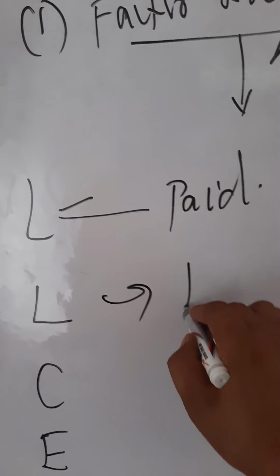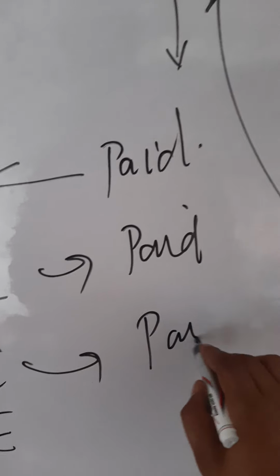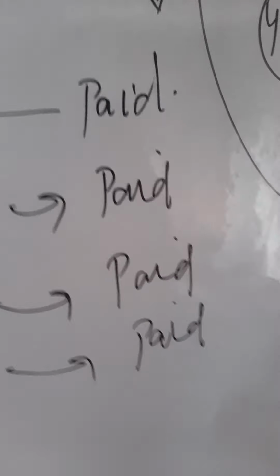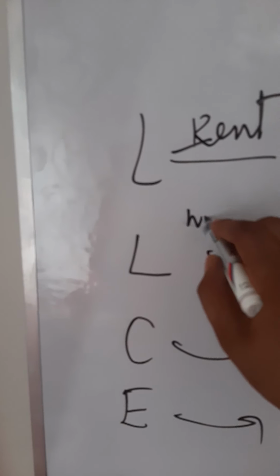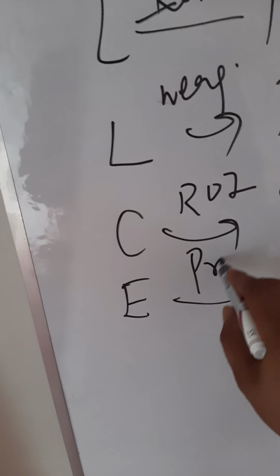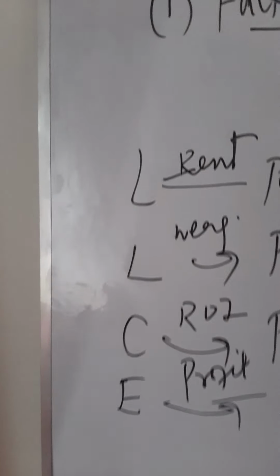Land is being paid, capital is being paid, entrepreneur is being paid. What? Land is being paid in the form of rent, labor is being paid in the form of wages, capital is being paid in the form of rate of interest, and entrepreneur is being paid in the form of profits. The income they have earned is known as factor income.